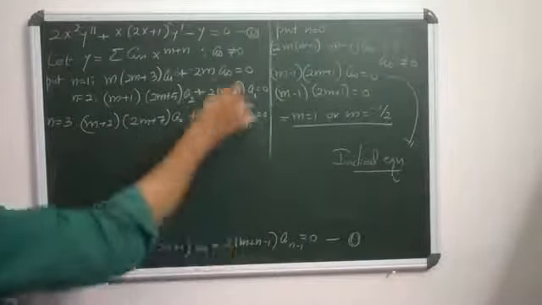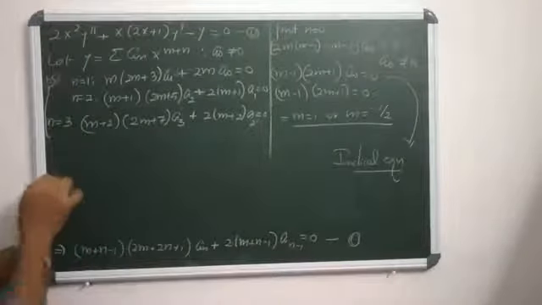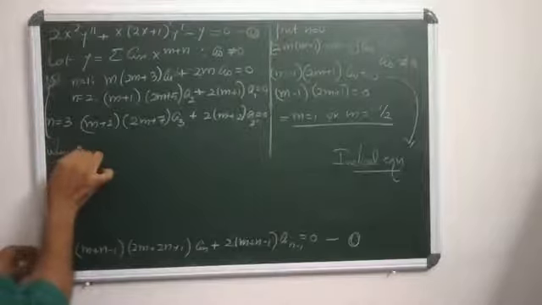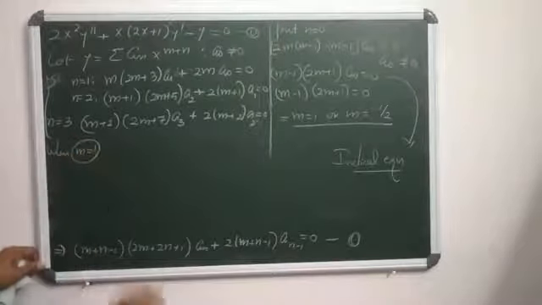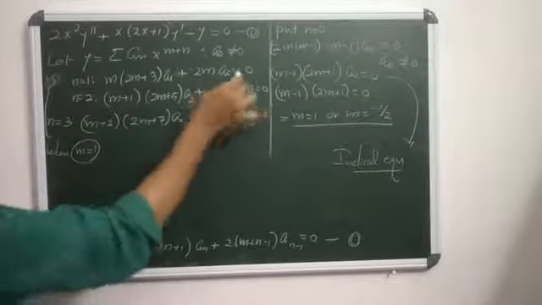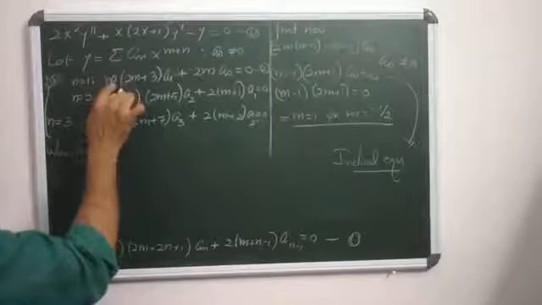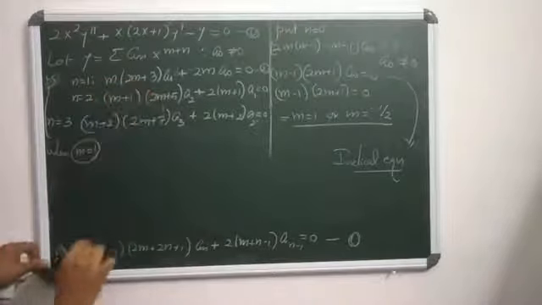Okay, now consider these three equations. When m equals 1, what happens here? Consider the solution of integral equations. When m equals 1, equation 2 reduces to, what is it? 1 into 2 plus 3, 5.